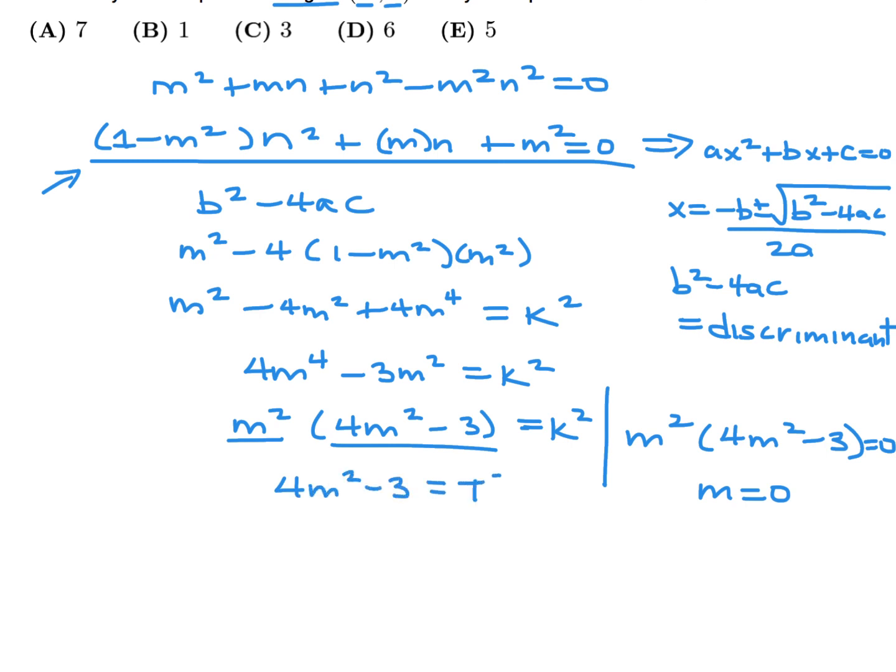Has to be some, whatever, t squared. And let's see here. That happens when m is equal to 1 and when m is equal to minus 1. Okay, so I think I got it. So now I just have to go back and figure out my values for n. And how do I do that?